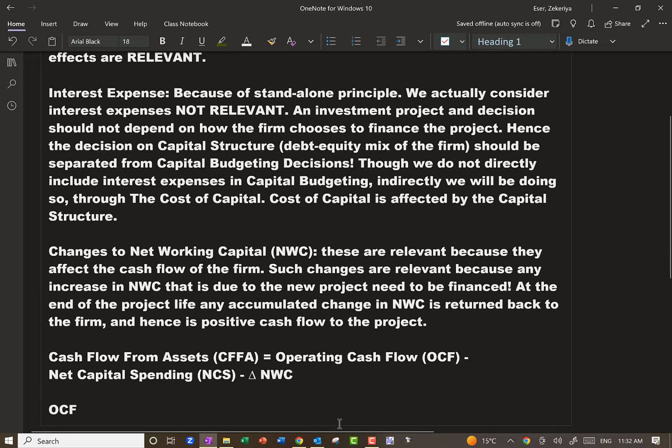Where we define OCF as essentially net income plus depreciation.